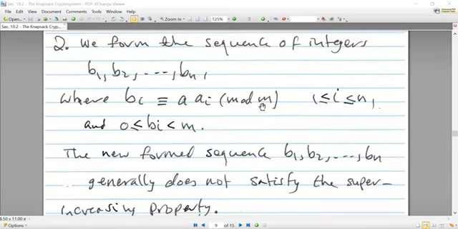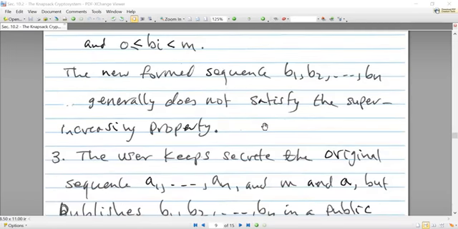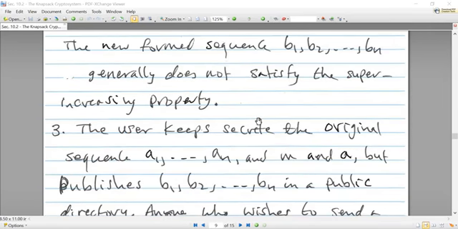Of course, this is reduced mod M, so these are going to be between 0 and M. This new sequence in general is not super increasing, and we actually insist that it not satisfy the super increasing property.